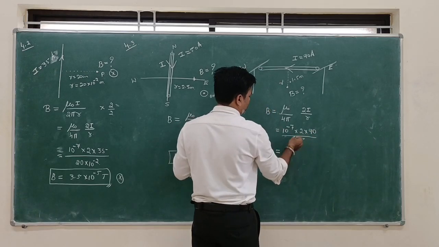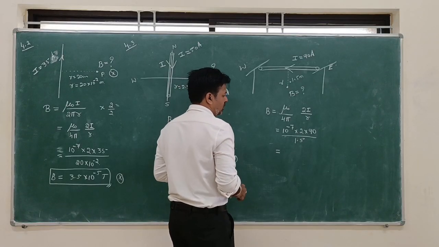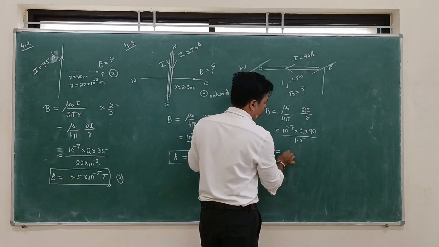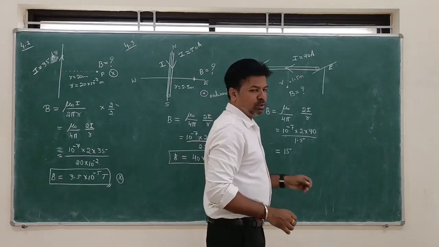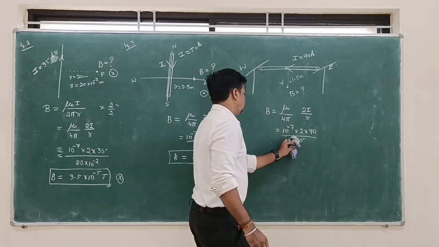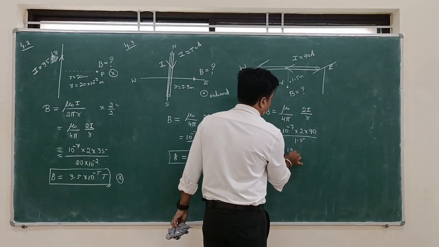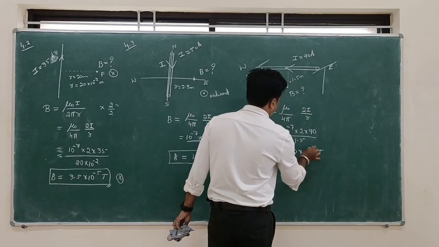That is equal to 180 divided by 1.5. That is 120. 120 into 10 to the power minus 7 Tesla.